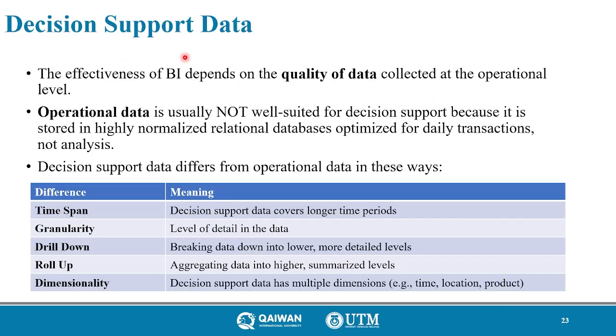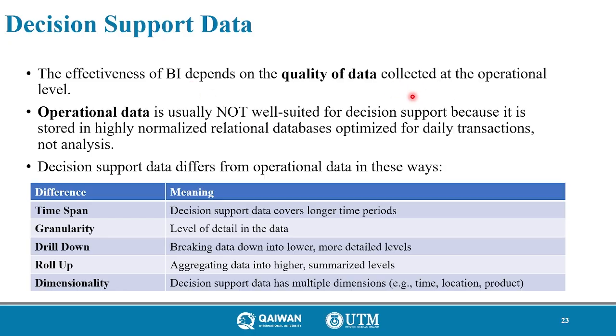Now, decision support data: we could say that if we want an effective BI, it would depend on the quality of the data, not quantity. This is what you need to be aware of. Quality is more important compared to quantity. We like quality in business intelligence.